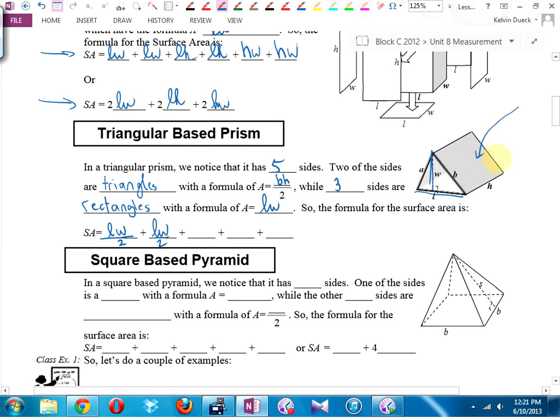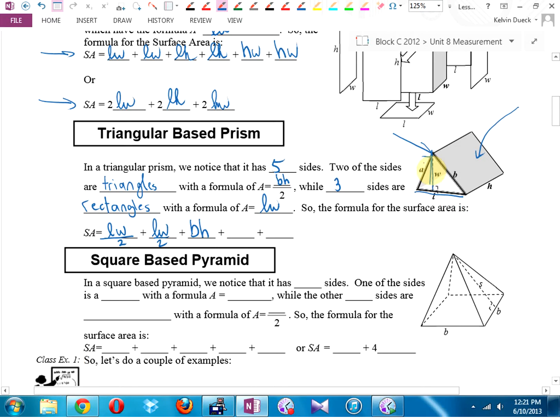What's the area of this big flat panel here? What shape is it, first of all? Rectangle. So what times what? Based on the letters that I've used in my diagram, B and H. BH. What's the area of this back shape that we can't see, that side shape there? It's a rectangle.